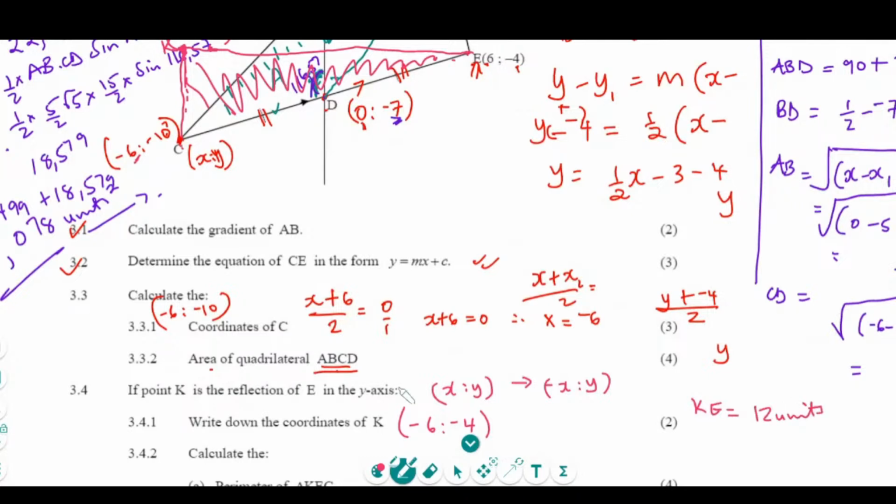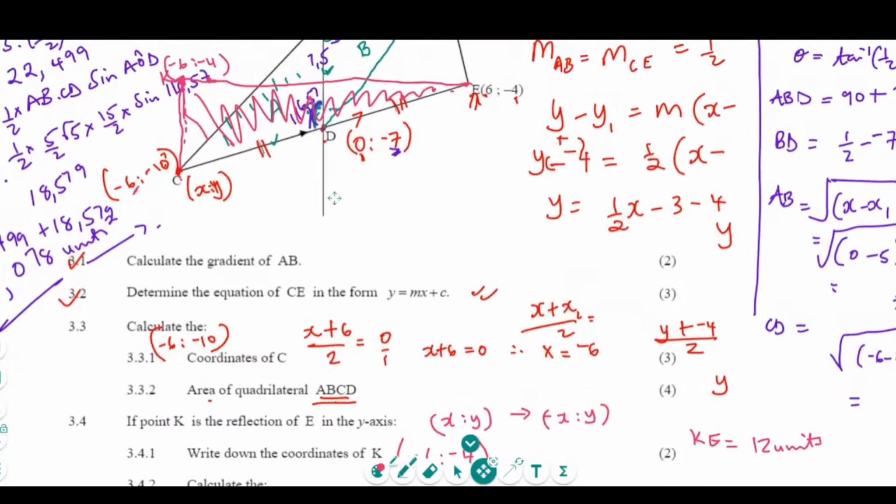Okay, and then since this is a vertical line, we have a -10 down, and then this is a -4. How many units do we have in between? It's going to be 6. Because like we have 6 units across. This is 12 units. The only thing we have to use the distance formula for is the distance CE.